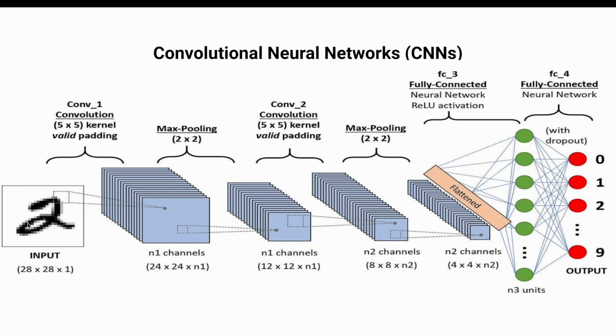The neural network is going to try to figure out what this number is, and maybe it tells you it's a 2, and it gets it right. Or it may tell you that this is a 7 and it gets it wrong.